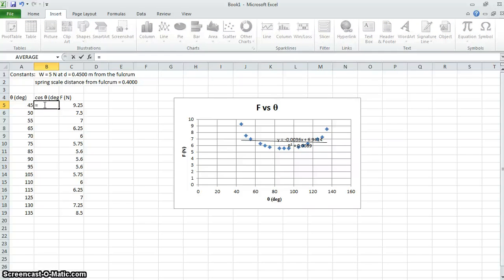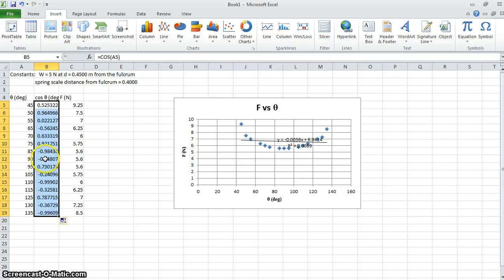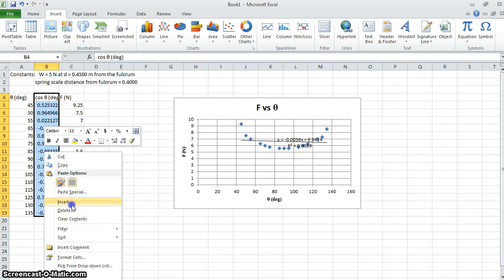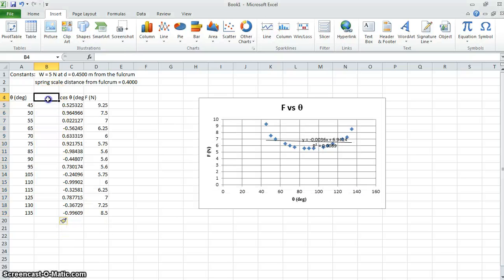But what I want you to see is that when you do trig functions in Excel, they're actually for radian angles, not for degree angles. So at 90 degrees, that should be 0, right? So what I need to do before I do this is change all these angles into radians. So how do I do that?